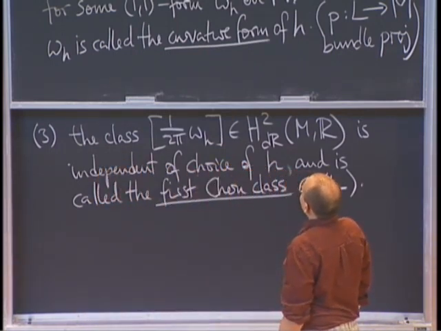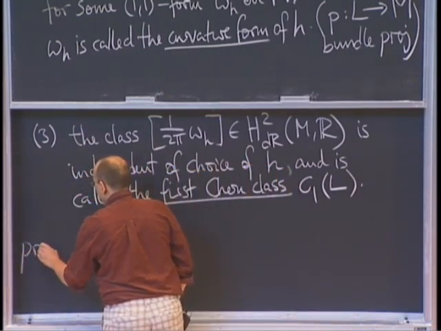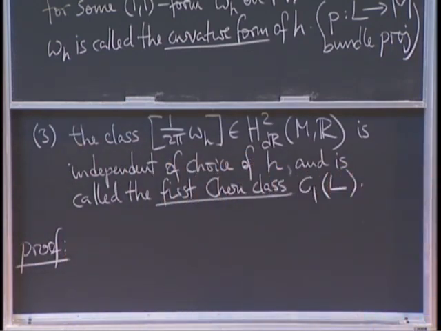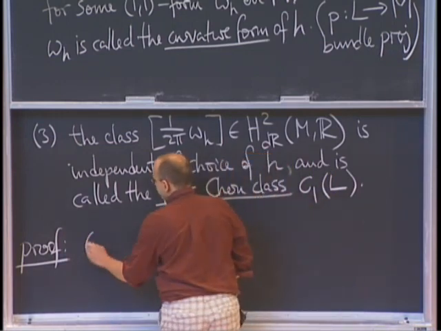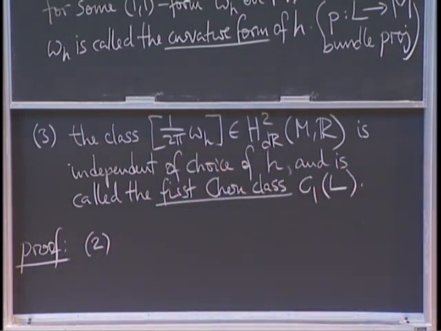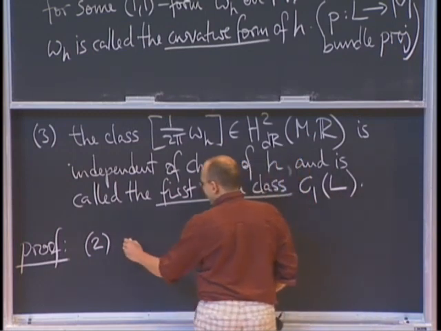So there are a couple of things that need to be proved. First, the claim in 2 that this curvature form actually comes from the base. For that we can work locally.